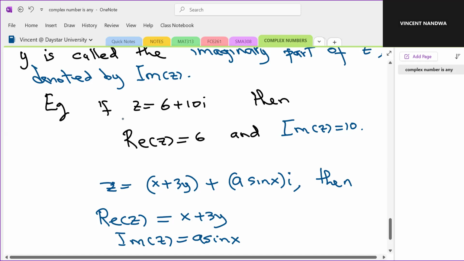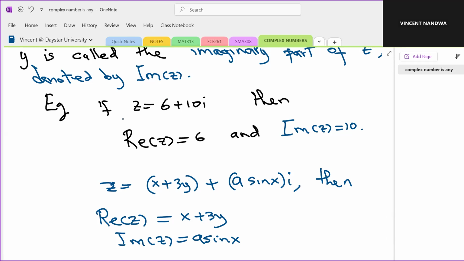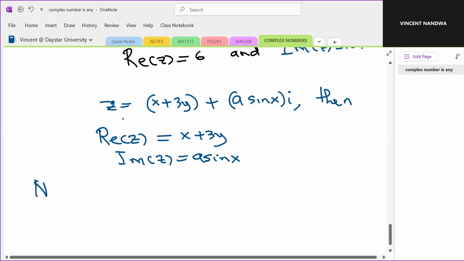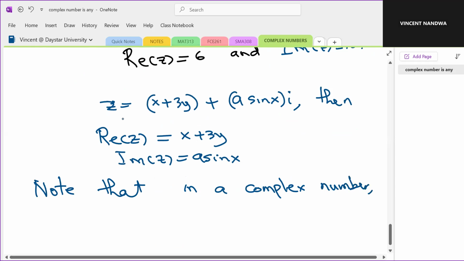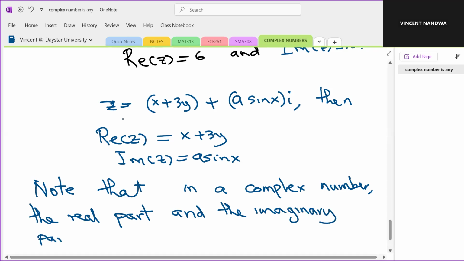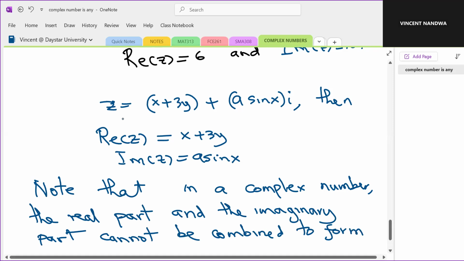So it's very simple that there are two parts of the complex number. The part without the imaginary unit I is called the real part, while the coefficient of the imaginary unit I is called the imaginary part of the complex number Z. So note that in a complex number, the real part and the imaginary part cannot be combined to form a single term.